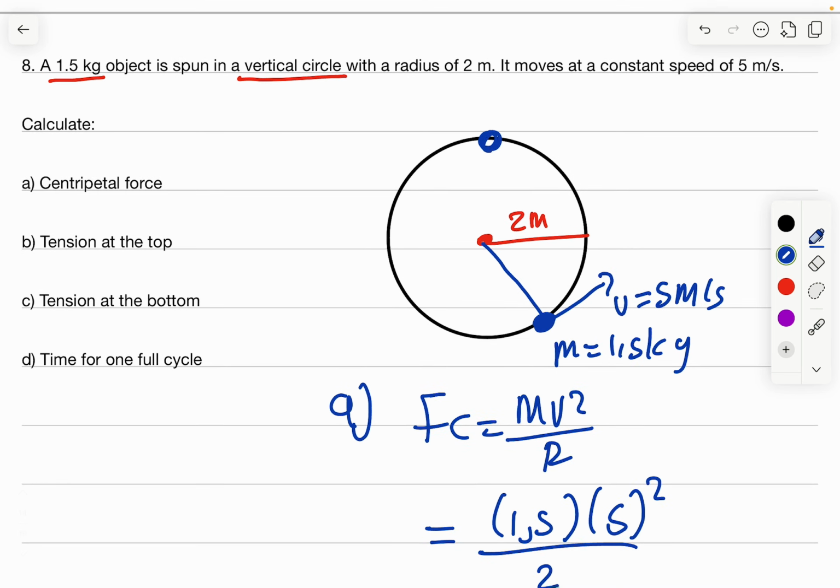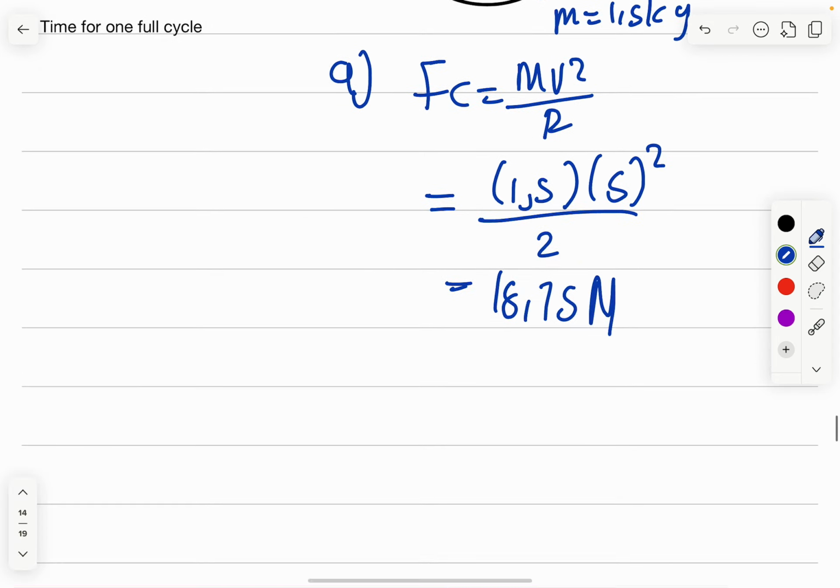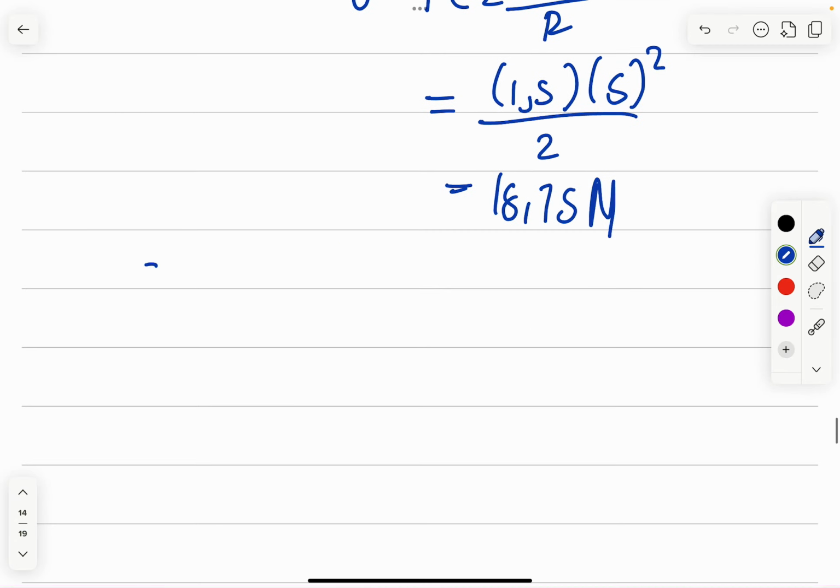The next question says calculate the tension at the top. At the top is here. We're talking about the tension, letter B. So we are going to draw a free body diagram at the top. You cannot calculate that without drawing its free body diagram. If it has a mass, it has a force of gravity, and it has a tension going down.